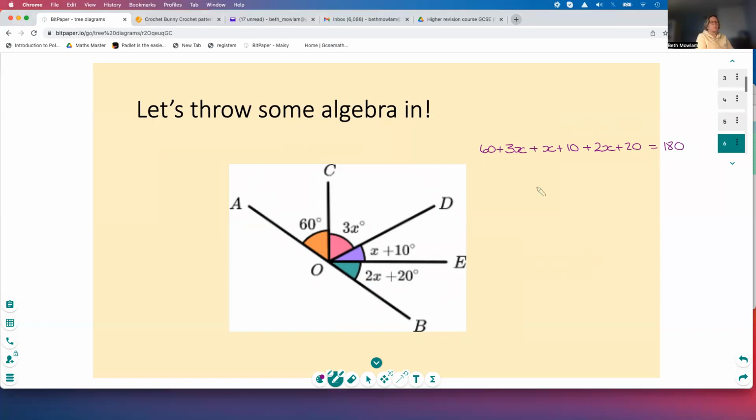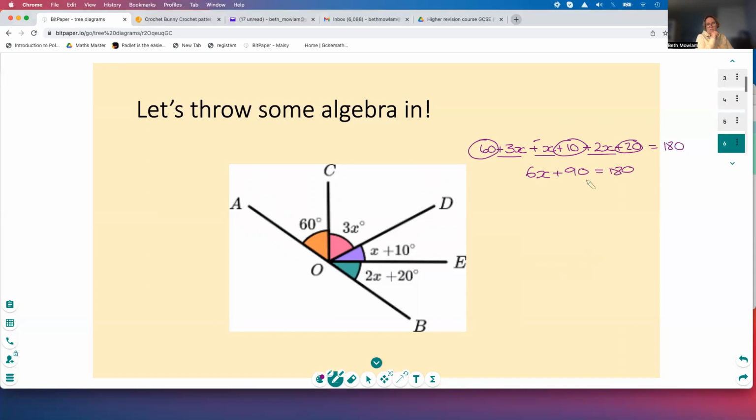So we did a bit of simplifying previously. 3x and x is 4x. Add another 2x is 6x. We've got 60. Add 10 is 70. Add 20 is 90. So 6x plus 90 equals 180 degrees.